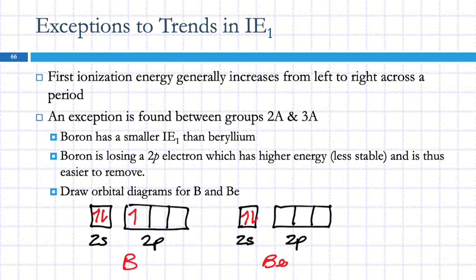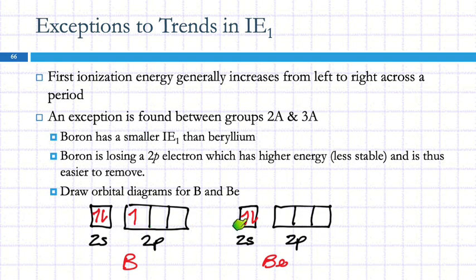So let's look at what electron we're removing. When we're removing an electron from boron, we're taking an electron from the 2p room. This sublevel is higher in energy than the 2s. Over here, we're taking from the 2s, and this is lower in energy. So this one is easier to remove than this one.